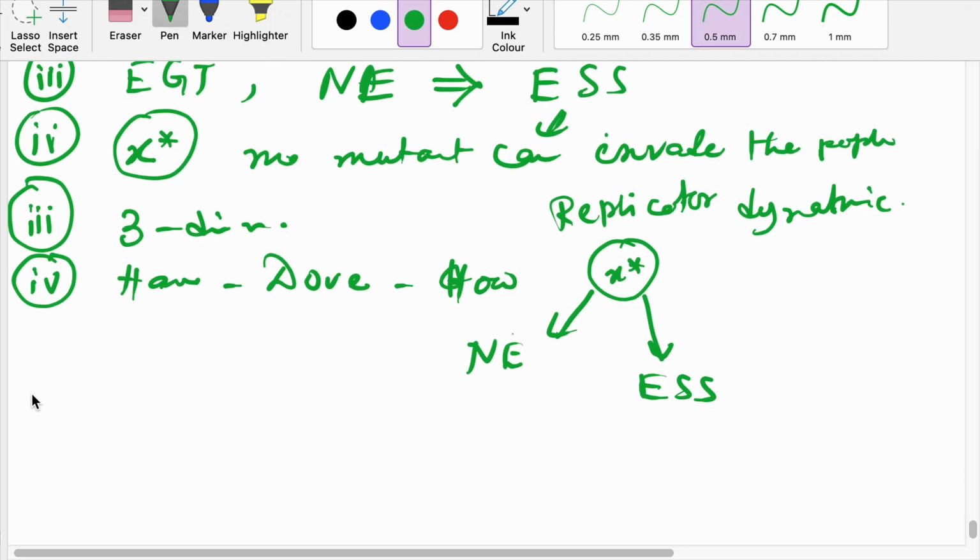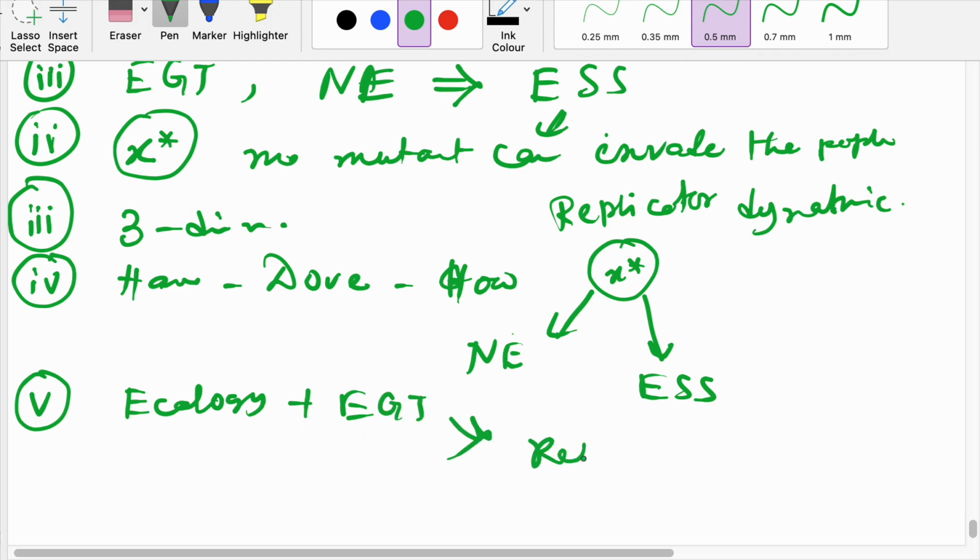And the last thing we have done just now is how ecology and EGT are connected through the replicator and Lotka-Volterra equations. So that's it.